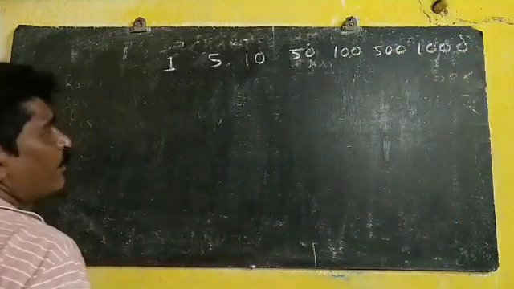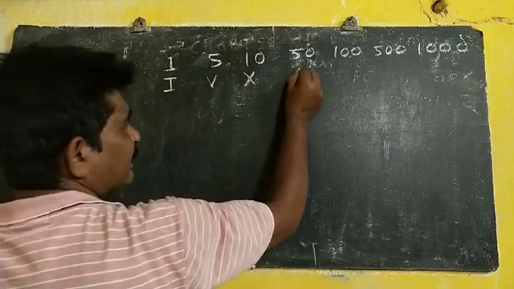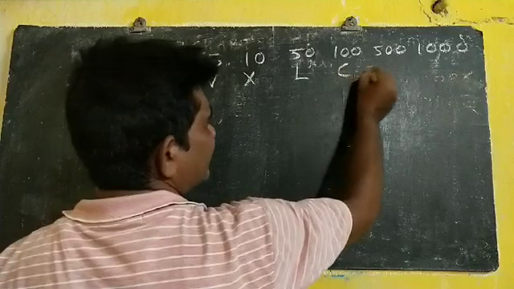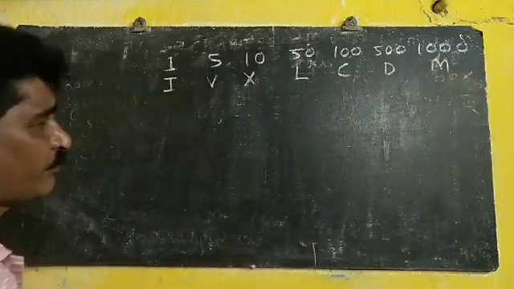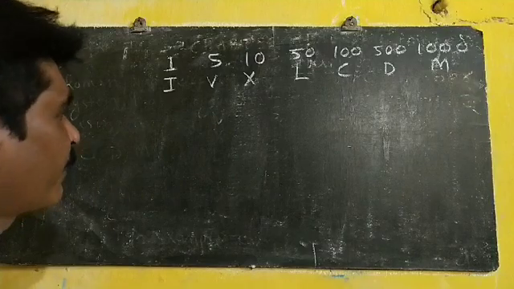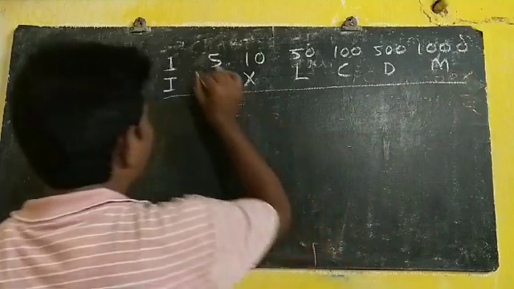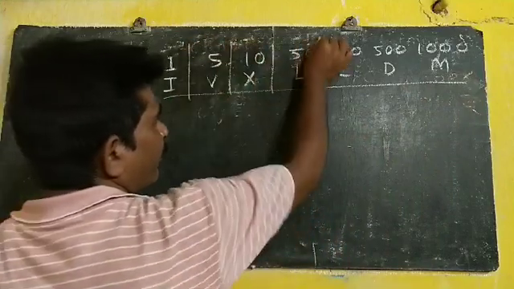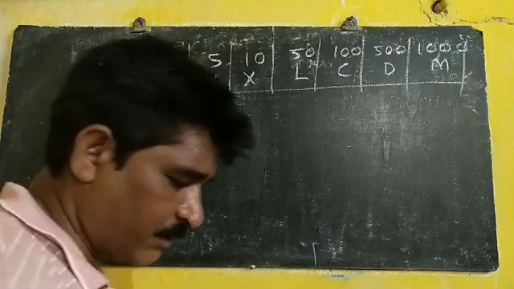Okay. So 1 means I, V, X, L, C, D, M. These are the ones.